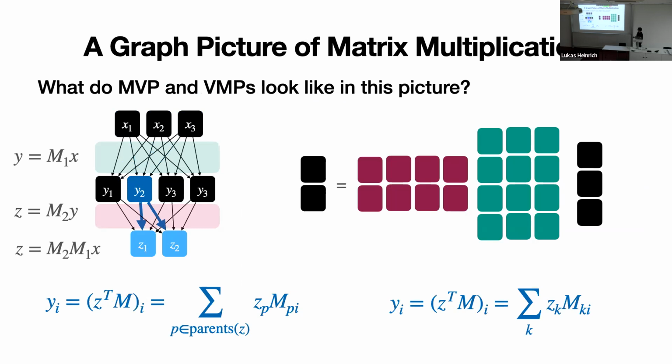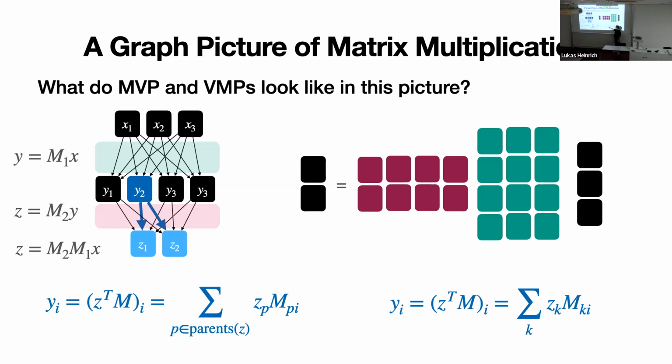how can we do vector matrix products? In the matrix picture, the way that we do vector matrix products is, we have our vector and then we have our matrix, and we need to sum over the index where they are next to each other, right? So it's just one sum. It's standard matrix multiplication, right? And how does this correspond to the graph picture? Let's say we want to compute our value y, and the value y is a function of the matrix, which are all the edges that connect y and z, right?